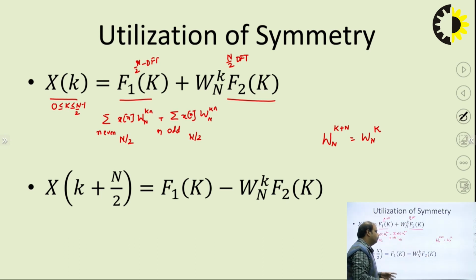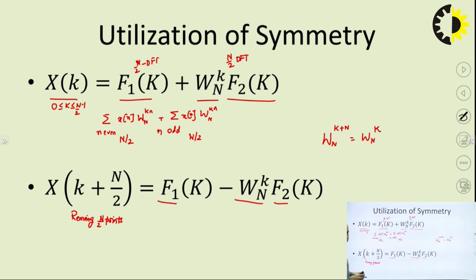So we basically obtain X of k using two n by 2 point DFTs. Each one of them is periodic with n by 2. Now using the symmetric property of Twiddle factors, we can compute the DFT of the remaining, very important, remaining n by 2 points using the already stored values of F1 of k and F2 of k.